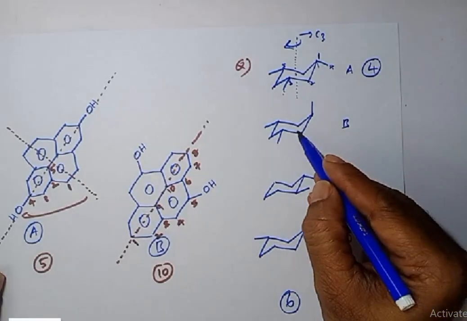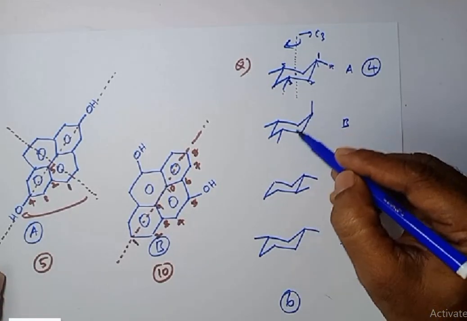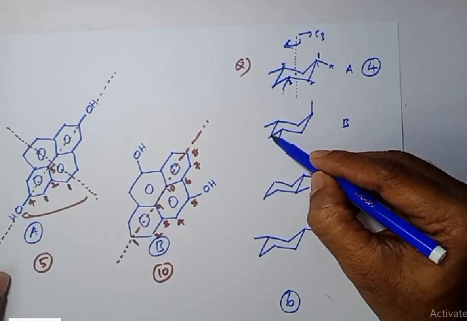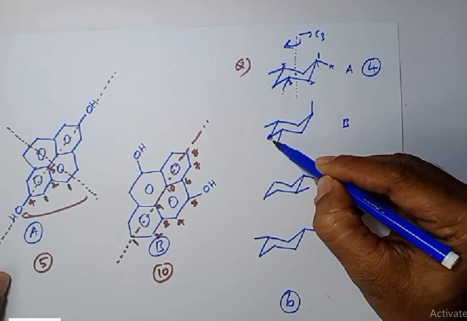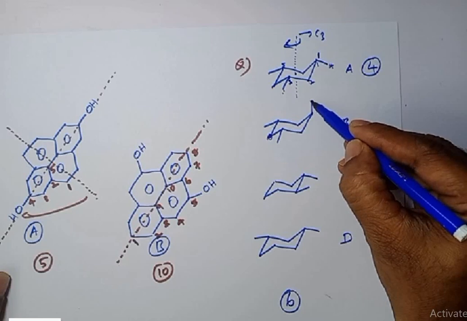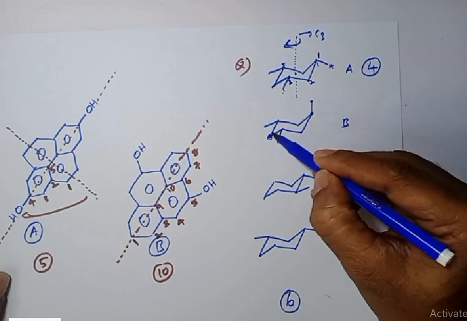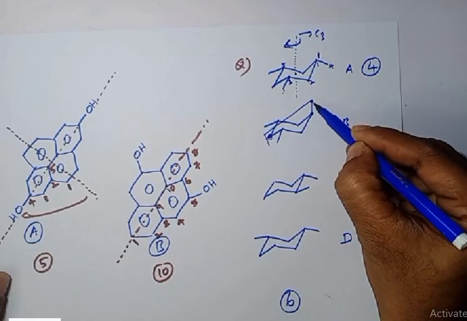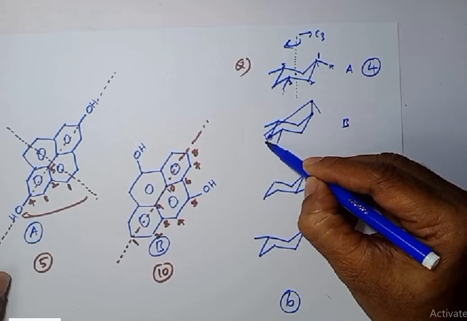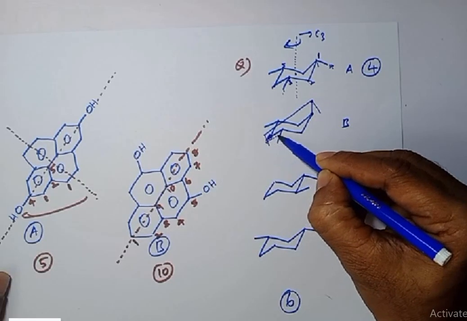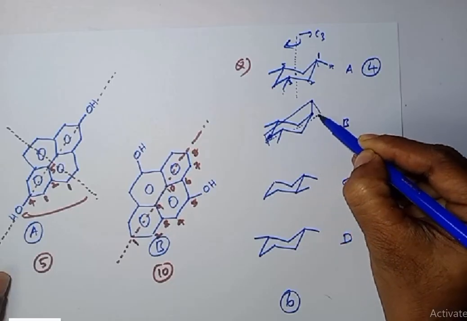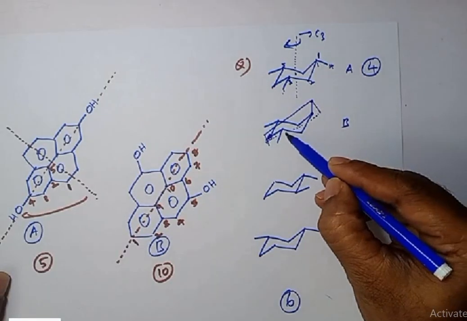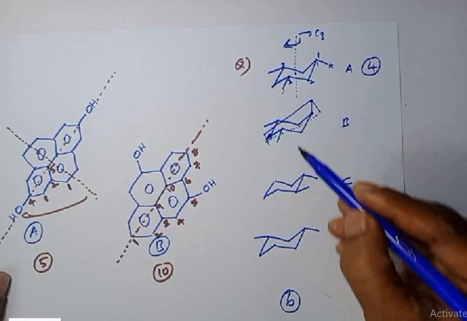Whereas if I take this molecule, see here I can keep a plane. Listen, the plane passes through this carbon, the methyl carbon and this carbon. So you have to draw the plane like that. You should draw carefully. The plane is passing like this, at the middle. Observe carefully.